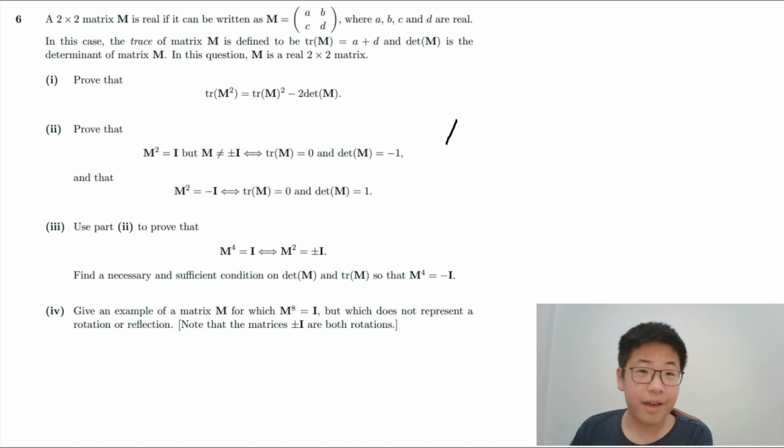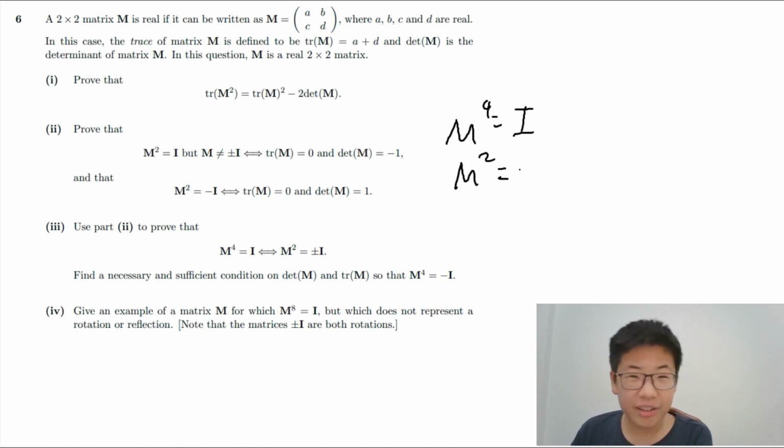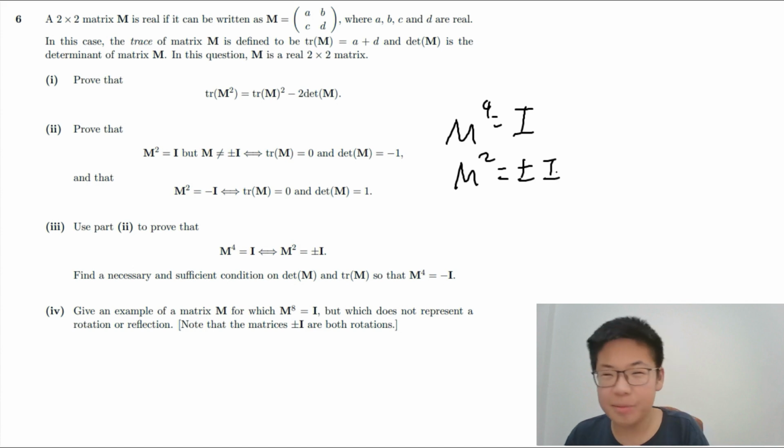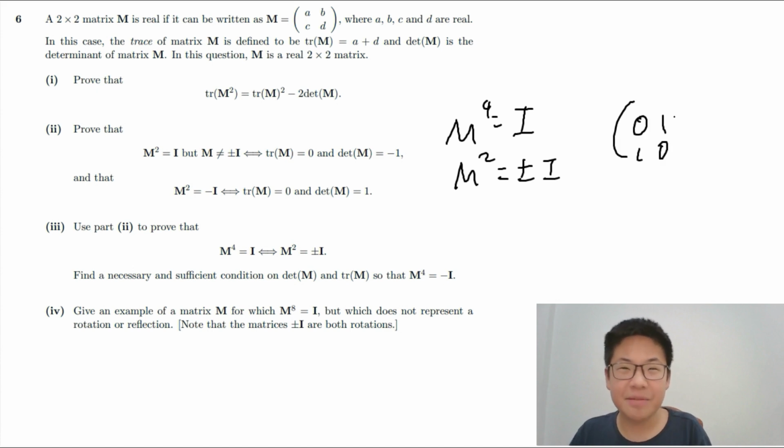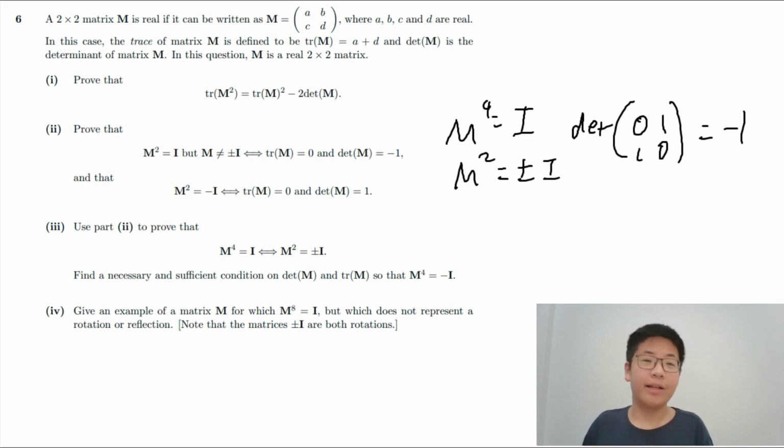So, if M to the power of 4 equals I, M squared equals obviously plus or minus I, because determinant of minus I is 1 and determinant of plus I is 1, and determinant of this silly matrix equals -1. Find necessary and sufficient conditions so that M to the power of 4 is -I.